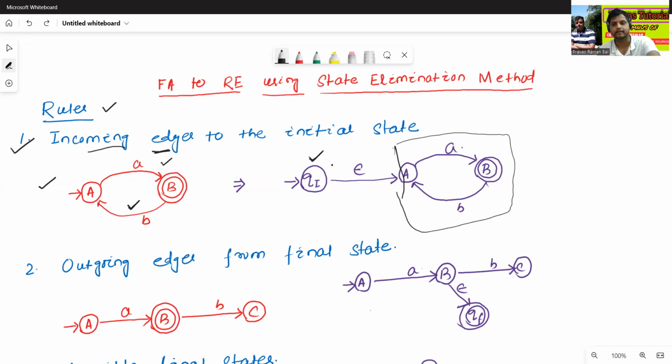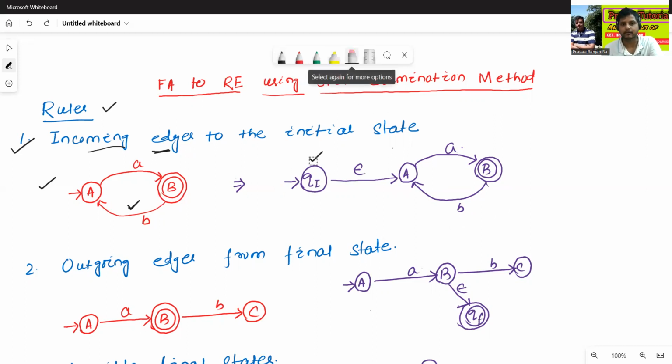We can write it like this. I'm just erasing this so it will be easier for you to understand. With one incoming edge to the initial state, simply write the finite automata as is, A to A and B to B. But A was initially the initial state; here we just introduce a new initial state Qi and join using epsilon.